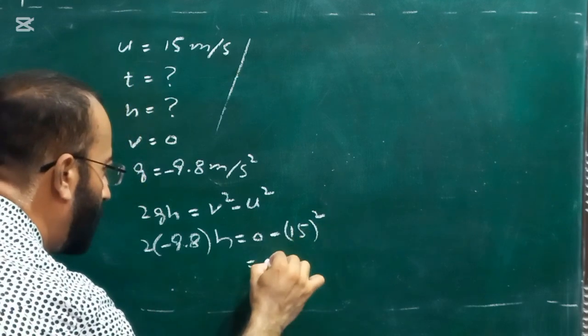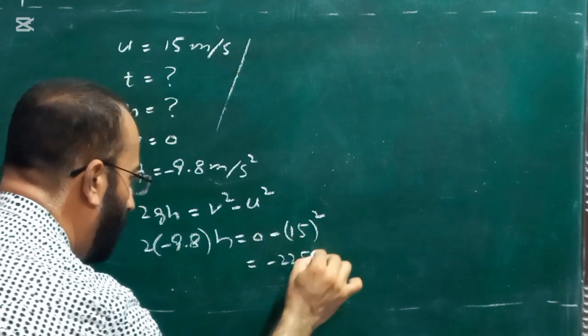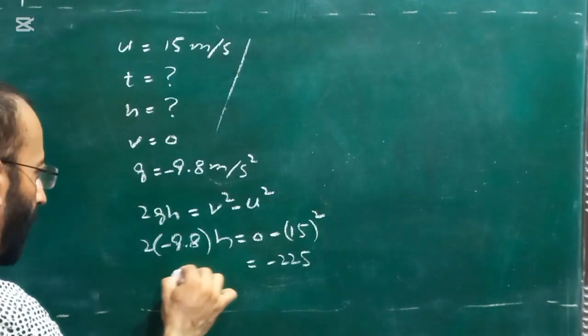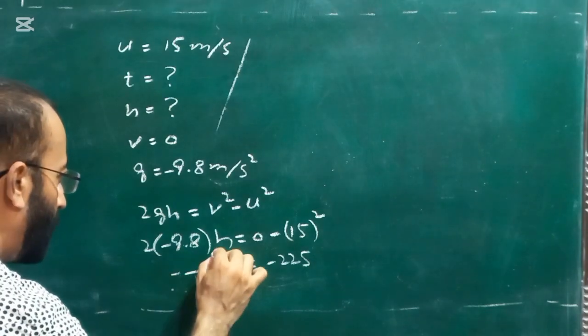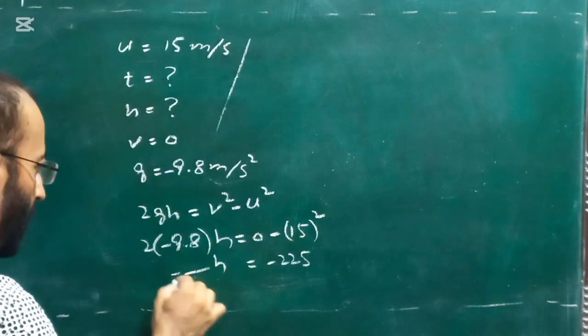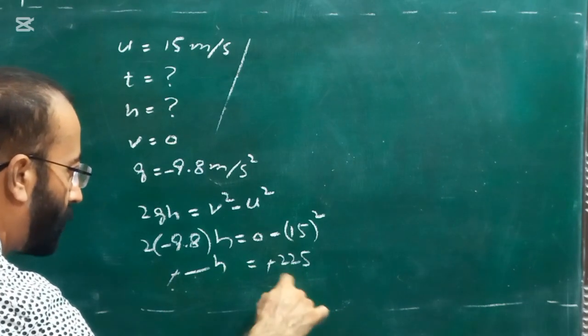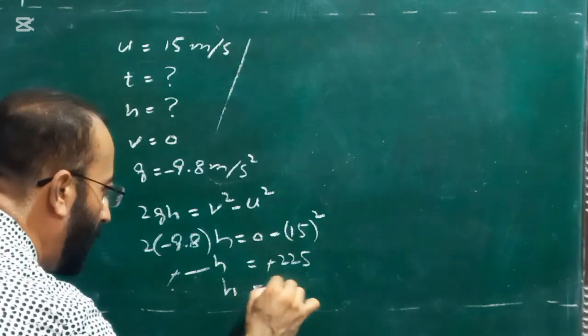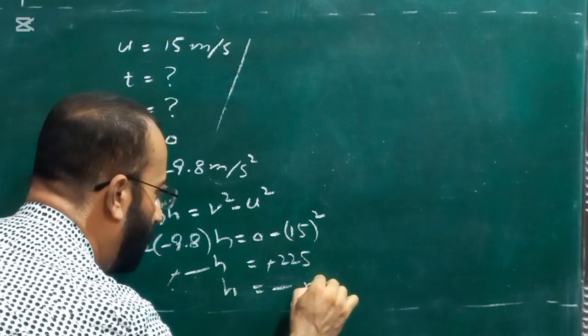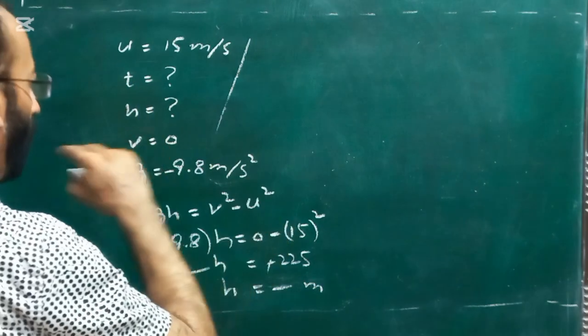So minus 225 will be equal to minus 19.6 h, multiply it on the calculator. So this minus will be cancelled, and this number will go to the denominator. Solve it on the calculator. That will give you the height, and unit will be meters.